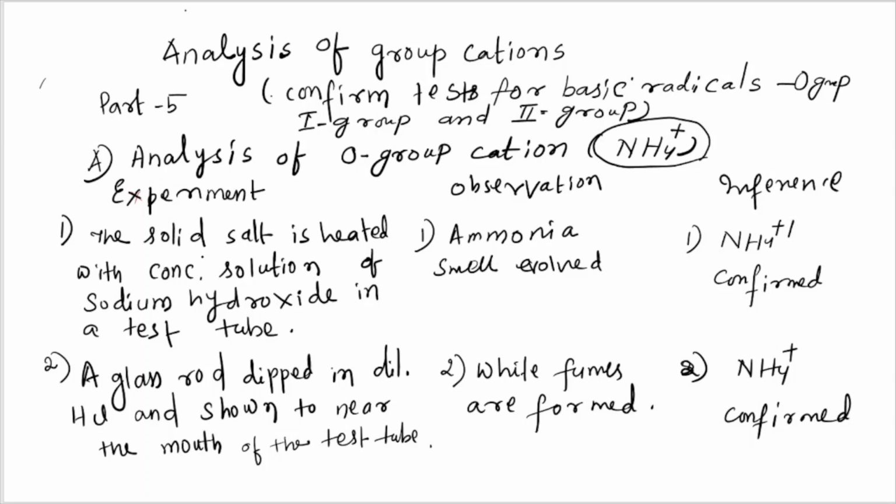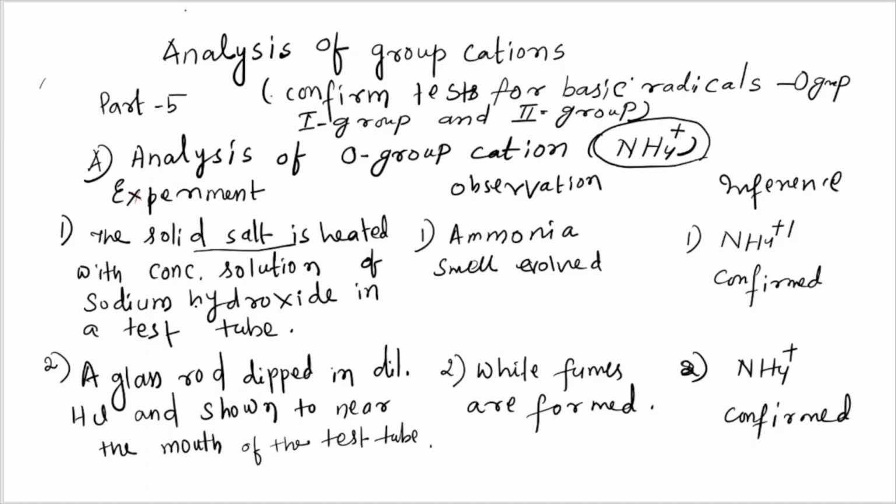Though it is not a dry test, you take the dry solid salt and heat it with sodium hydroxide, NaOH. Then ammonia smell evolves. When the given salt contains ammonium radical, only then on heating with sodium hydroxide does it give ammonia smell. Then NH4+ is confirmed.